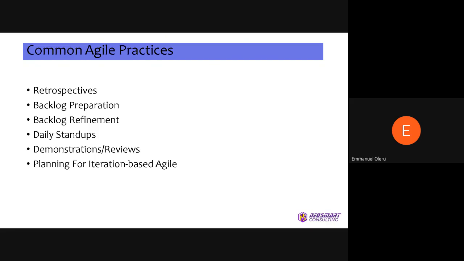Then we have backlog refinement, where we try to clean up which one comes first, which one comes next, prioritization, and all that. Then we have daily stand-ups, basically meetings that we do every day to check the progress of the development. Then demonstrations and reviews, basically showing our customers, clients, or stakeholders what we have built for each of the sprints or each of the periods, and then planning for iteration-based agile, basically planning the process and everything we're going to be doing. So basically, these are common practices for agile.